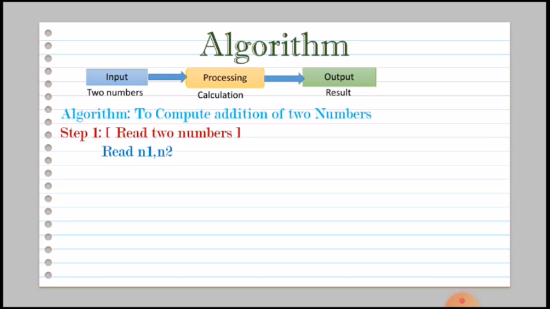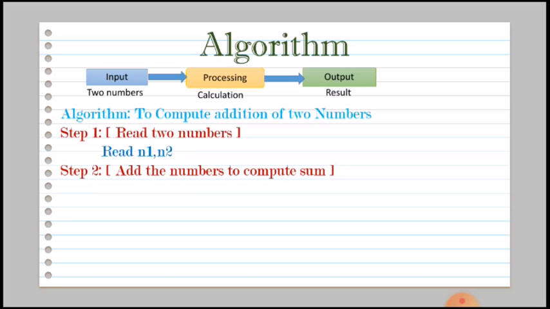Now in the second step, we already know what the input is, that is, n1 and n2 are our input. So now we have to perform addition of these two numbers and that result we have to store somewhere. Suppose we will store that result in sum. So in step 2, we will write this statement, [add the numbers to compute sum].